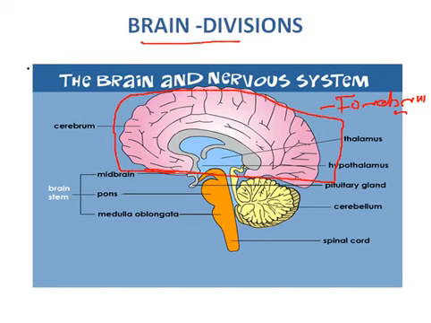Okay. So there is another name for the forebrain, that is prosencephalon. This forebrain itself we can divide into two parts.